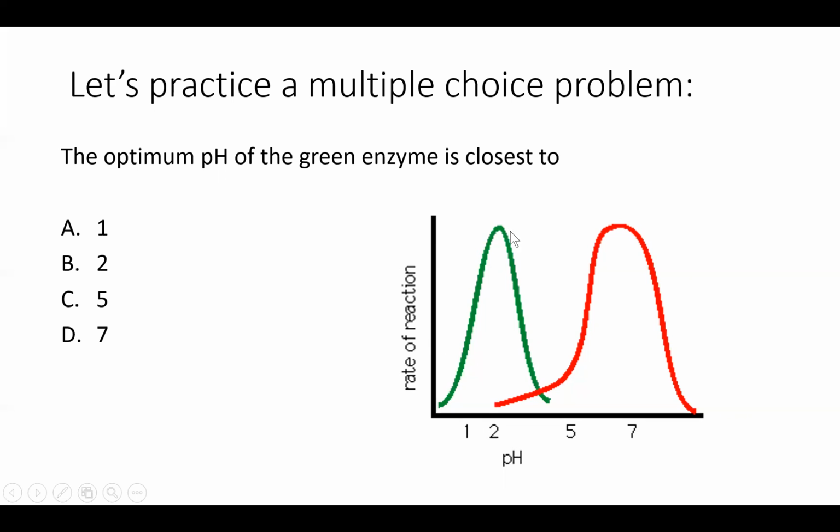That would be the peak of this point. It looks to me like the peak is just about over 2, maybe like 2.2. The optimum pH for the red enzyme would be over 7. So the correct answer for the green one is B2.